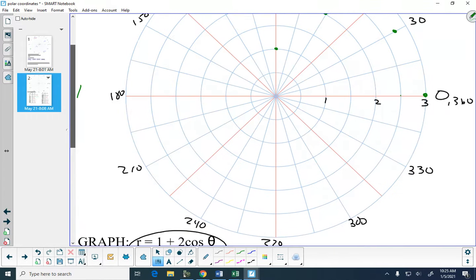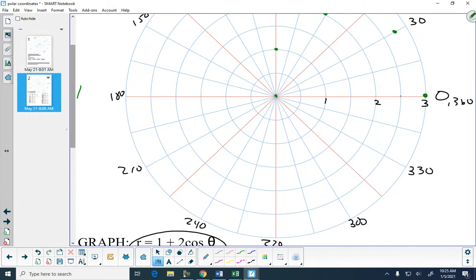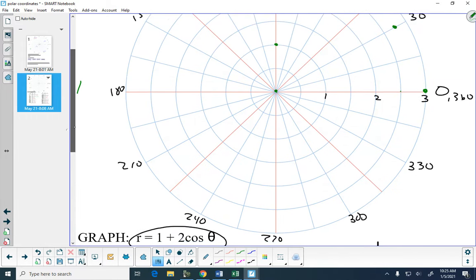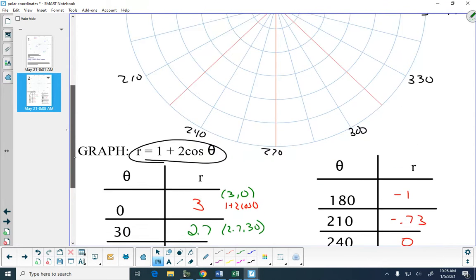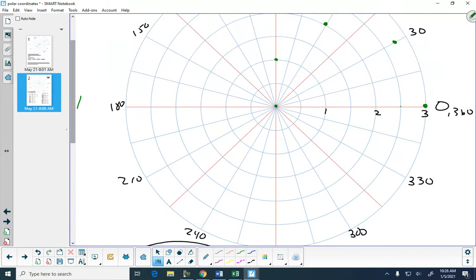At 120, I'm at 0, so I'm at the pole. At 150, we have to go negative 0.73. So at 150, I have to go backwards my 0.73. At 180, positive 1 would take me to there. Negative 1, I have to go backwards.